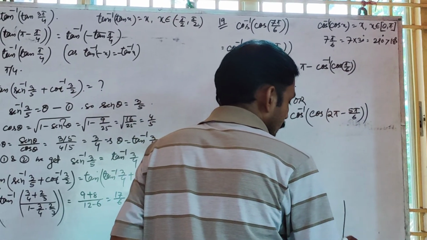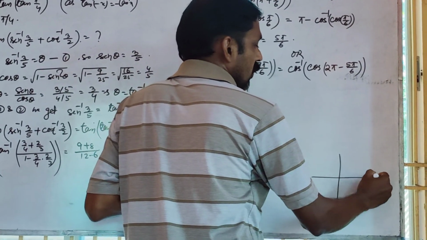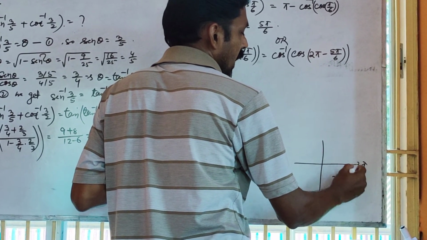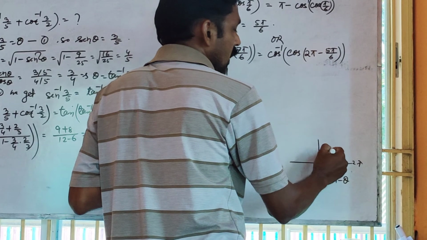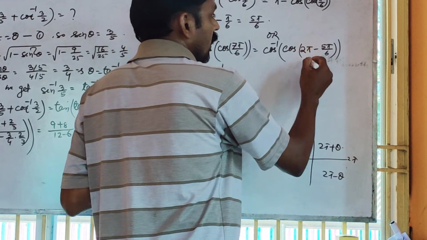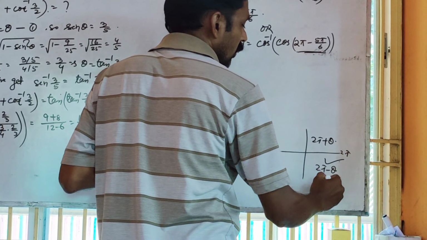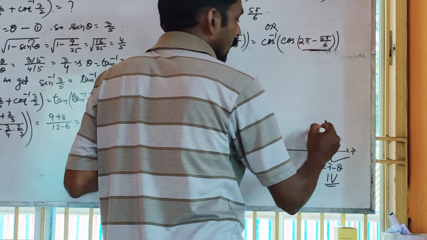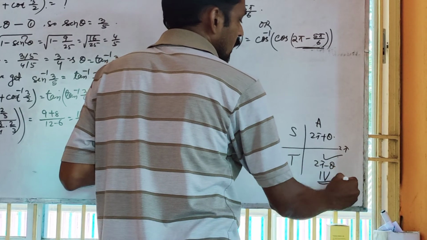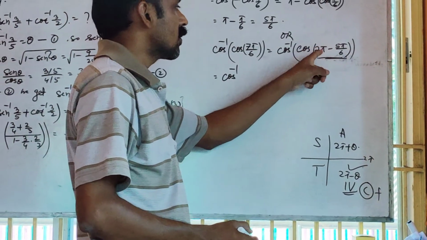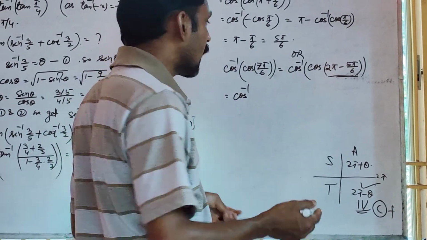Now in the ASTC rule again it is 2 pi. So this angle is 2 pi minus theta, and this is 2 pi plus theta. But here it is in the form of 2 pi minus theta, which means the fourth quadrant, and in the fourth quadrant, according to ASTC rule, cos is positive. So cos of 2 pi minus theta is cos theta.